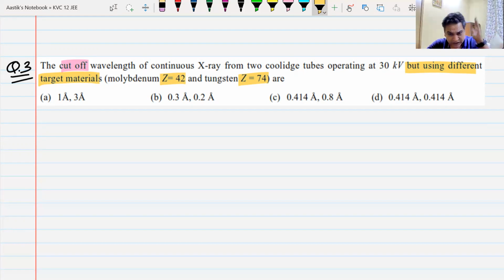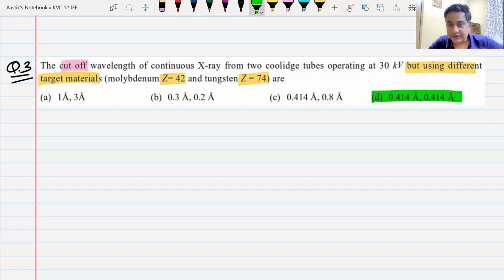You can give that answer straight away without using anything. There is only one option which has the same cutoff wavelength, and the answer is that option.